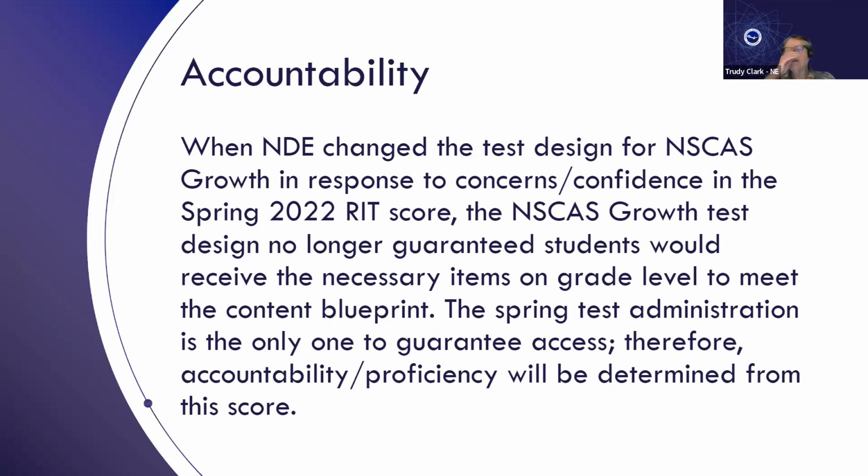We had originally, even at the point where Jeremy presented at admin days, we were still expecting to make that claim that we could utilize the proficiency score from the fall or the winter for those students that took that NSCAS growth test. We would still be able to utilize that score or the highest score.